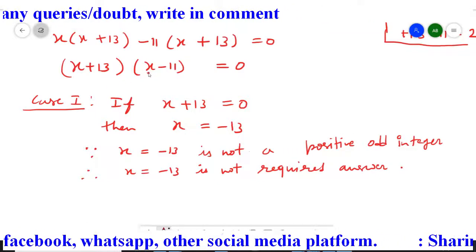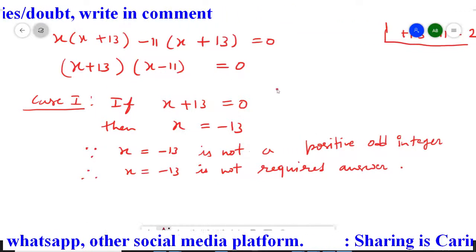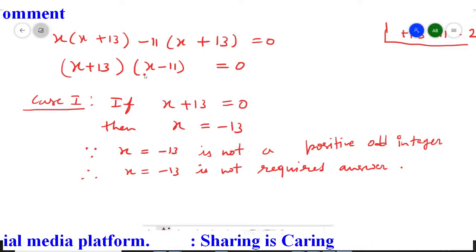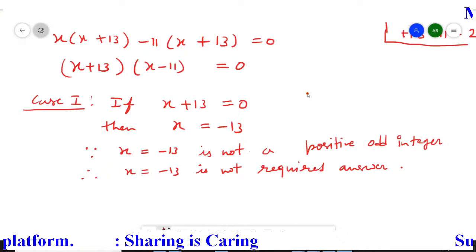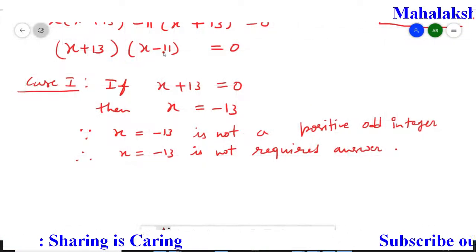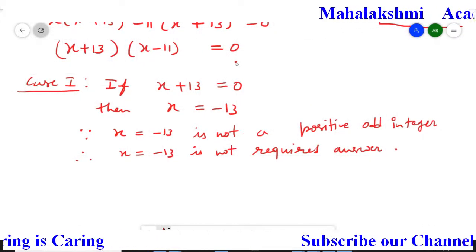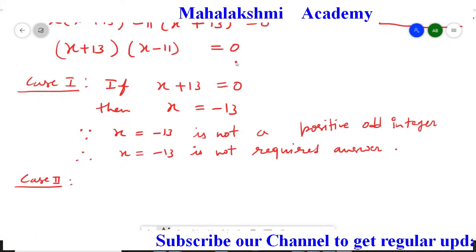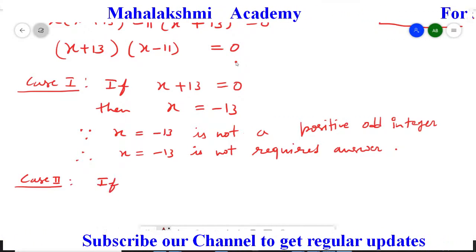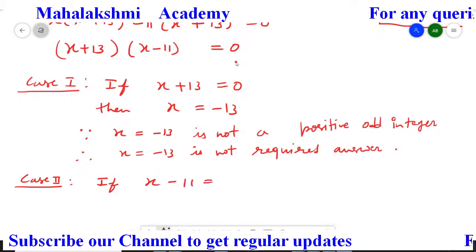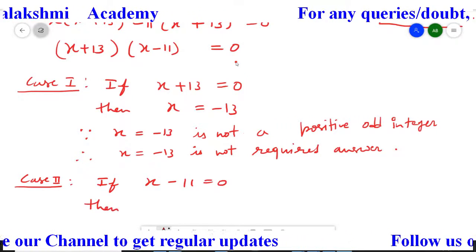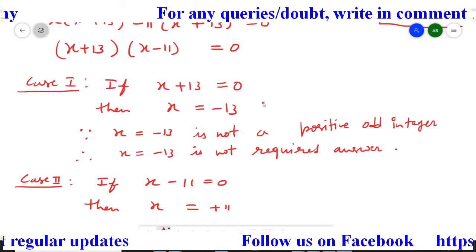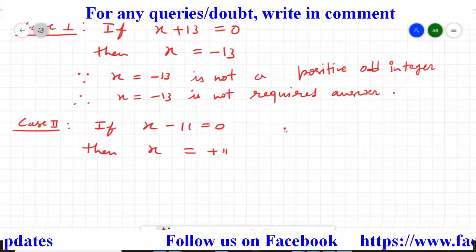We will now take x minus 11 as 0, because students, the product of two brackets is 0. Among them any one is 0 or both can be 0, depending. So we write case second. If x minus 11 is equal to 0, then x is equal to plus 11. So it's a positive odd integer, and this answer is possible for us.